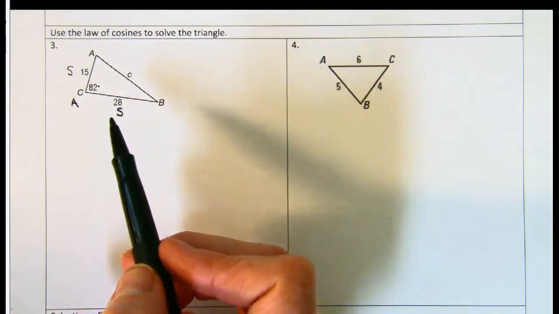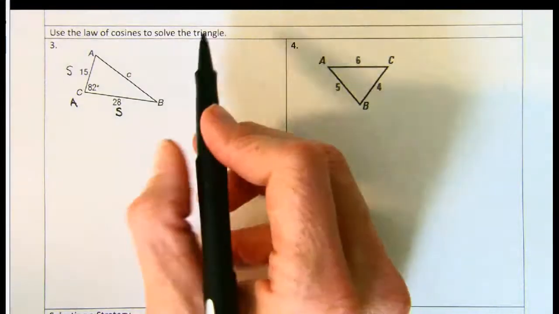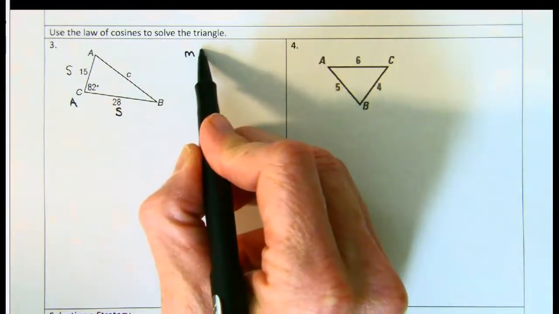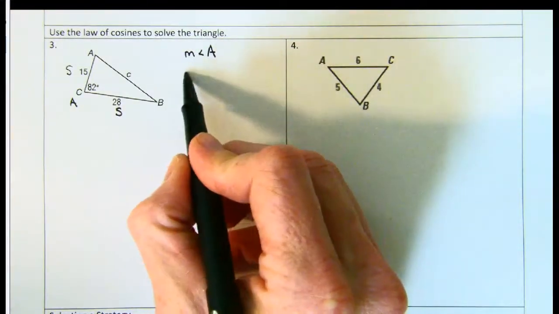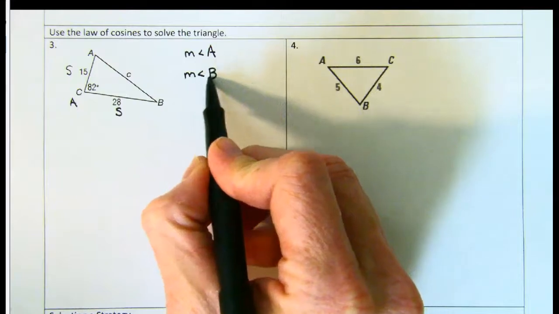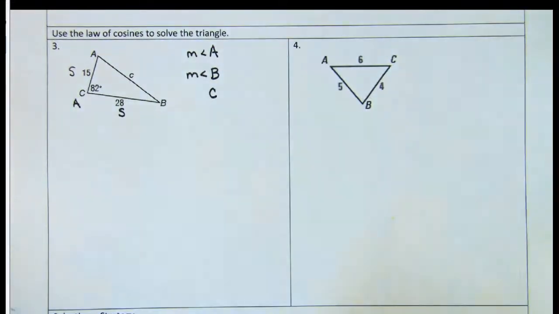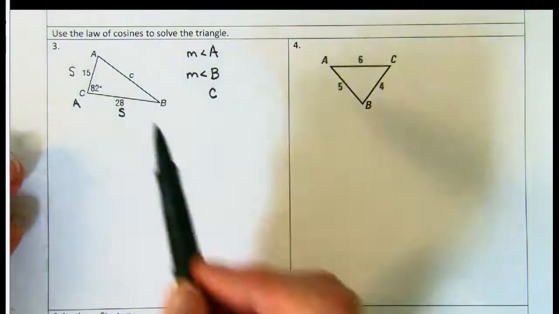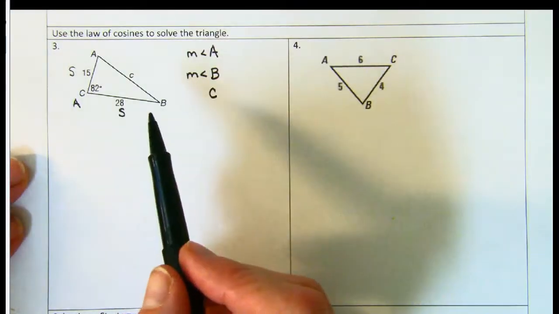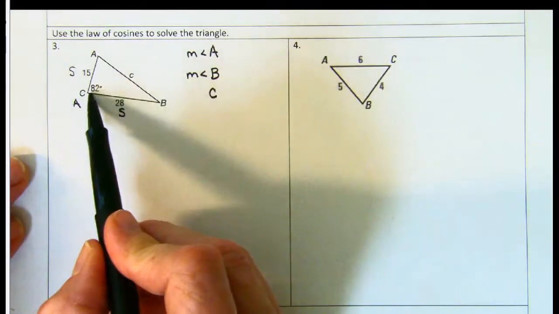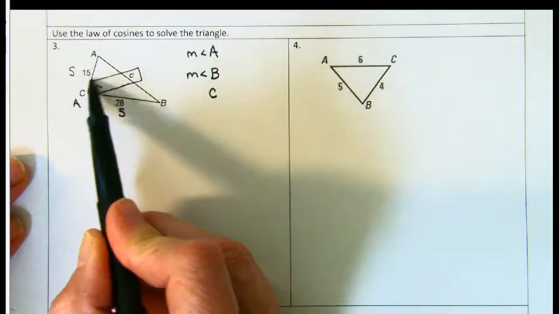Now, if we are solving the triangle, we need to find the measure of angle A, the measure of angle B, and side C. Since we have an angle, and the law of cosines has an angle in it, we are forced to start right here.